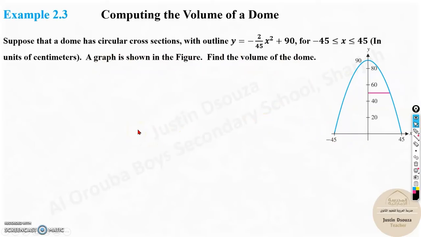Now look over here. In this problem, there is a little bit of difference because of the circular cross section, we have to find this entire volume. Now when we see the cross section over here, this is the cross section they have given. What is happening here? This is the part you're finding. So you need to find all the cross sections along this point to this point.